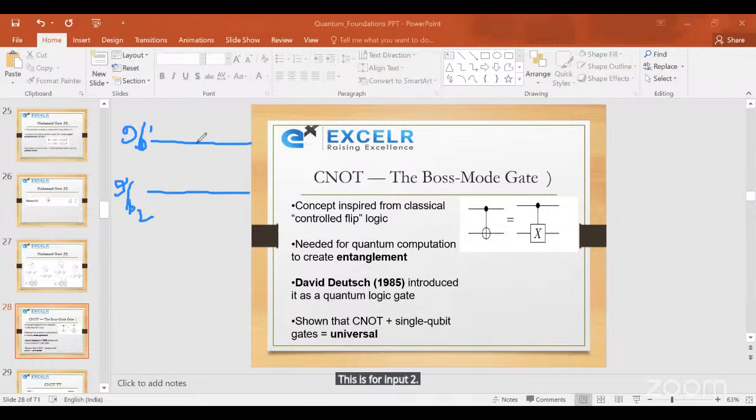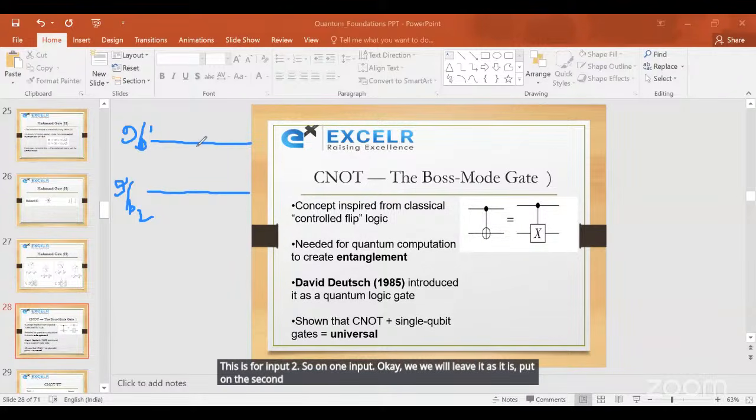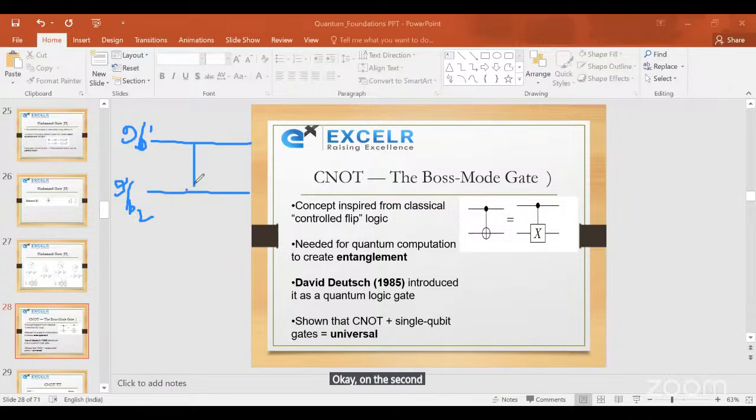On one input we will leave it as it is, but on the second input we will apply one operation gate. That operation gate is X. It is our choice, but we are understanding the C-NOT gate, and X is working as a NOT gate. Why is X working as a NOT gate?